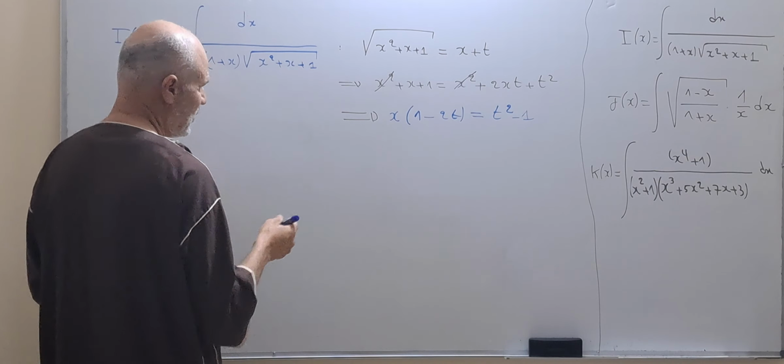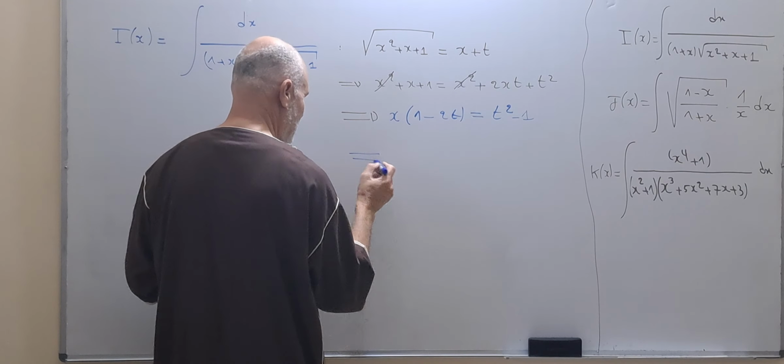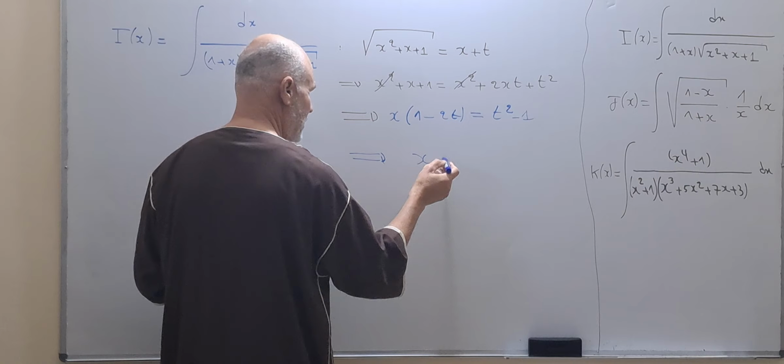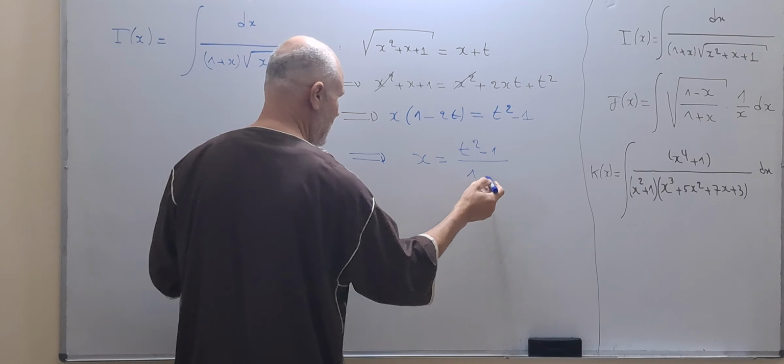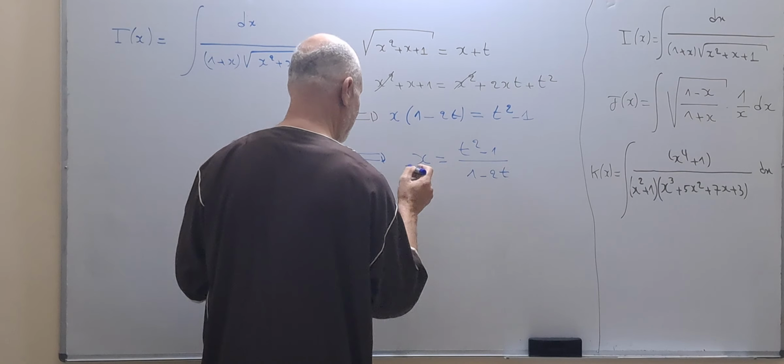Then x is equal to t squared minus 1 over 1 minus 2t.